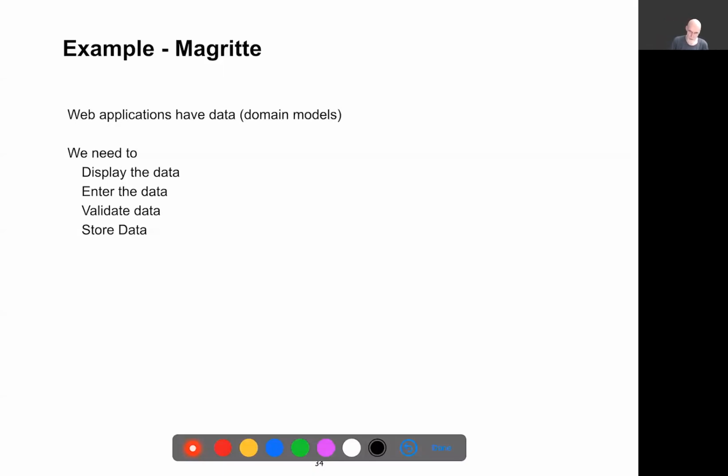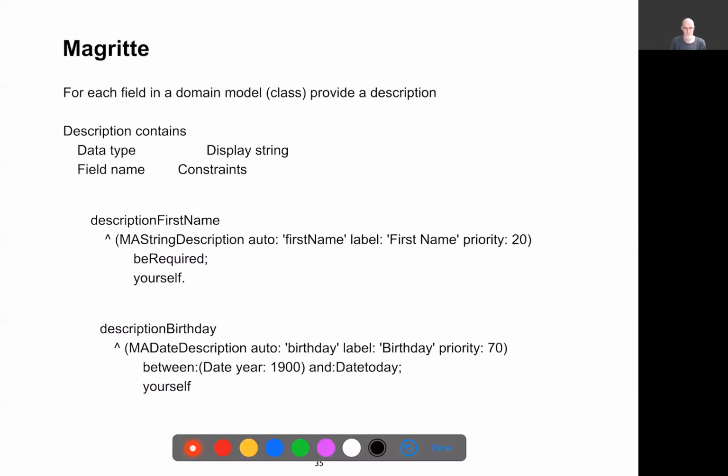And so for each domain model, you'd provide some information: the data type, field name, answer constraints. And from that, the visitor would build up various things, like a description, here it is, your birthday, which gives the structure of it, and the visitor would use that to generate different types of things.